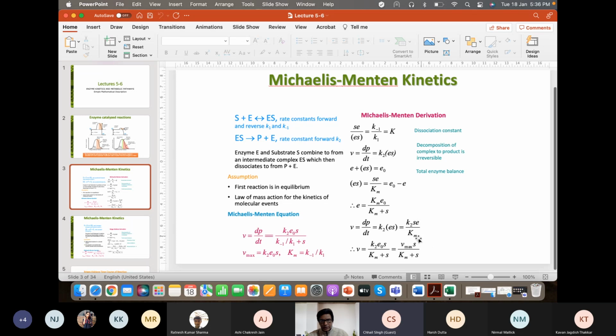Then you replace this E, because that is something that you can't measure, since it's a dynamic situation inside the cell or inside the reaction. You replace it by a quantity that you know from a measurement, E0. These two combined together give you the Vmax.